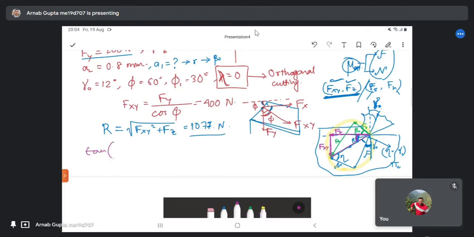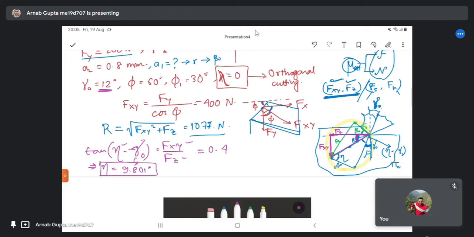So tan of eta minus gamma naught is equal to Fxy by Fz. Gamma naught we know, eta we need to calculate. Fxy and Fz we know. So if we substitute the values, this ratio will come out to be around 0.4. Gamma naught we already know, it's 12 degrees. So from there we will find eta is equal to around 9.801 degrees approximately.